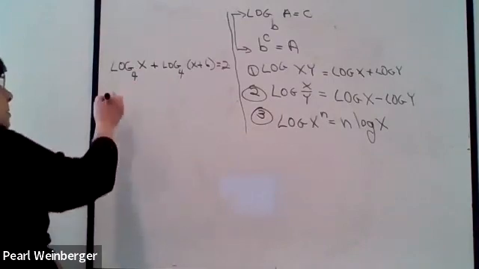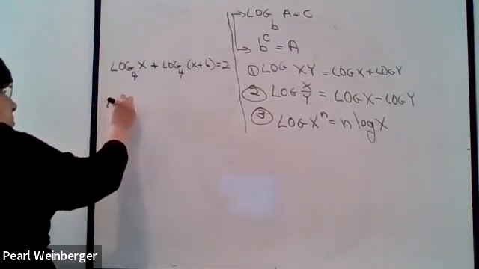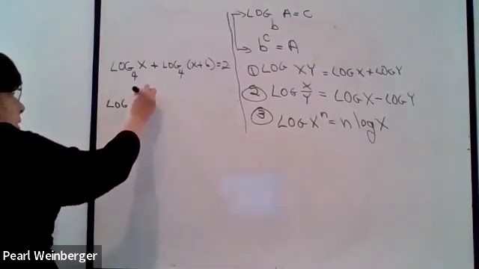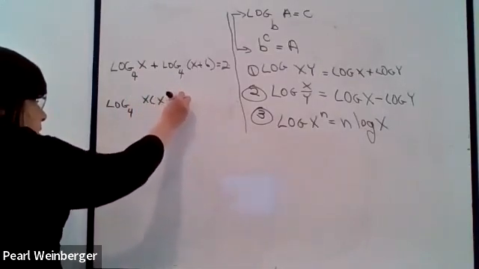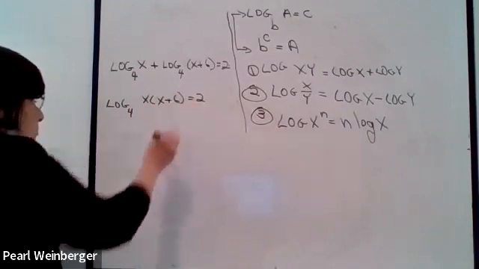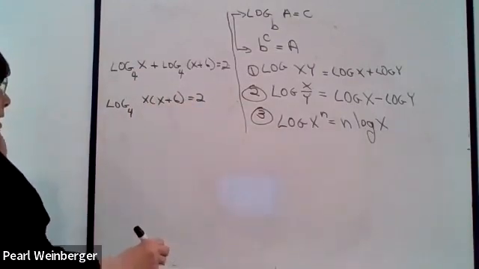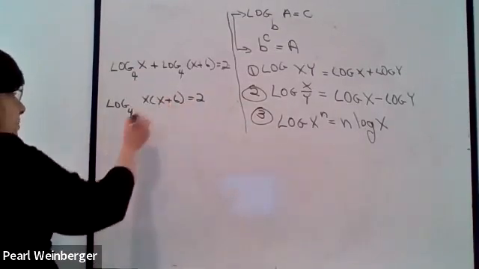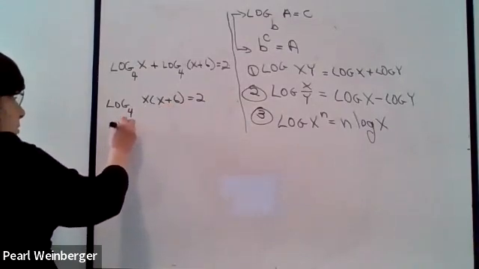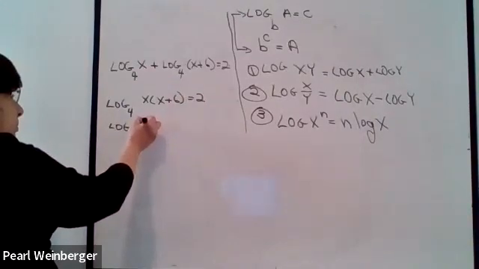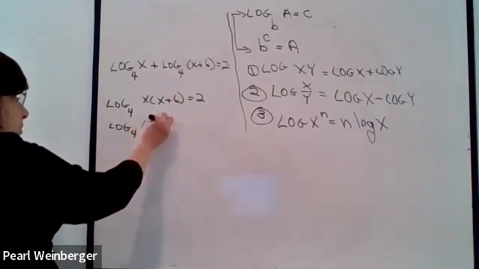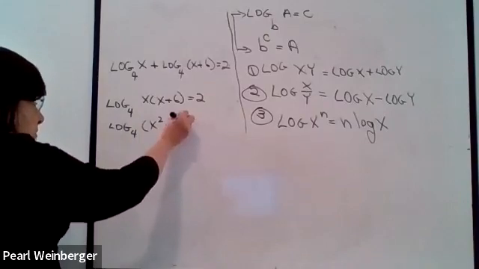So that means that I'm going to change this to log base 4 of x times x plus 6. And of course, this x times x plus 6 can be expanded, or we can use the distributive property. It's x squared plus 6x.